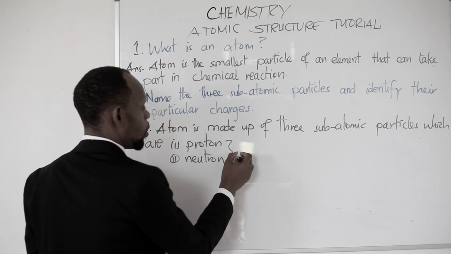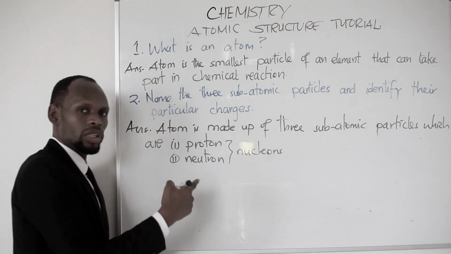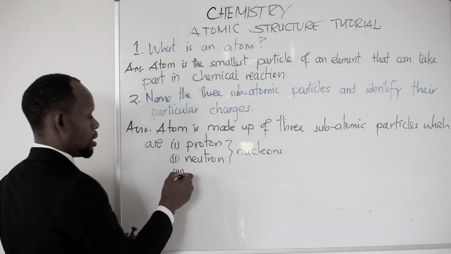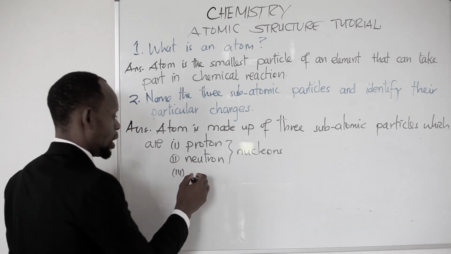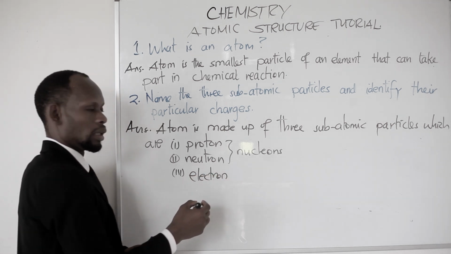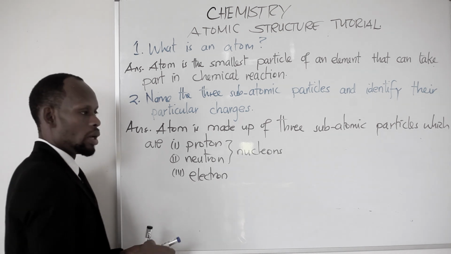These together are called the nucleons. Nucleons, why? Because they are found inside the nucleus. And another subatomic particle is called the electron. And this electron always revolves around the nucleus of an atom.